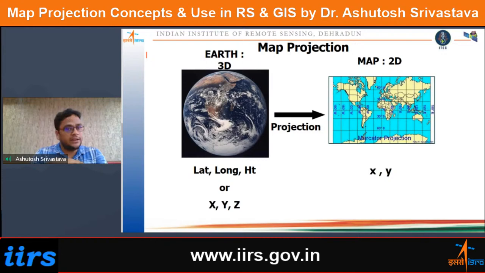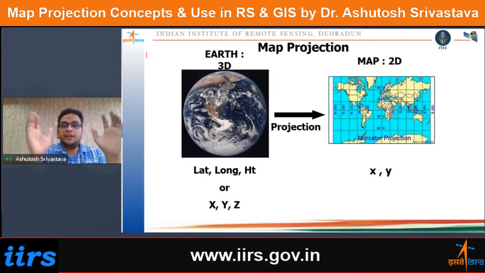We are at 30-degree latitude, the angle between the equatorial plane and the ellipsoidal normal wherever I am sitting. And height may be 650 from the mean sea level, or from the ellipsoid it may be something else. That way we can represent our position on the three-dimensional geometry.